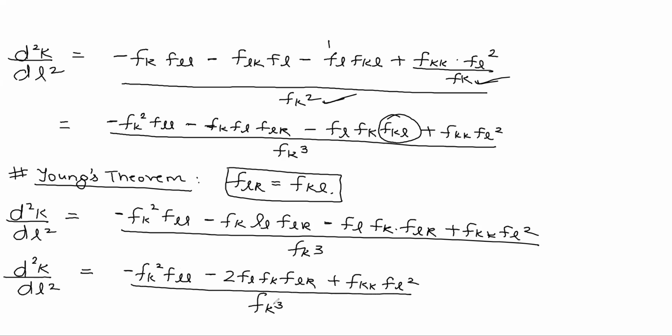Now, if you look at the sign, so FLL is negative, and this negative will make this whole expression positive. Similarly, guys, if you look at FKK, FKK is also negative.